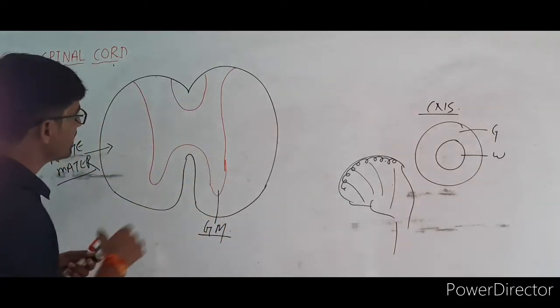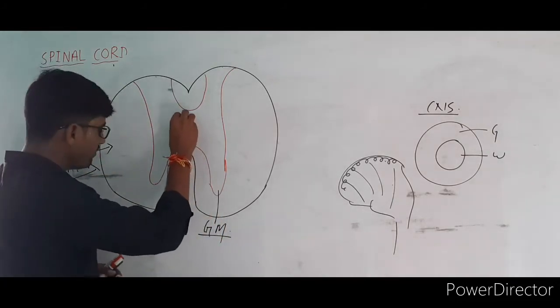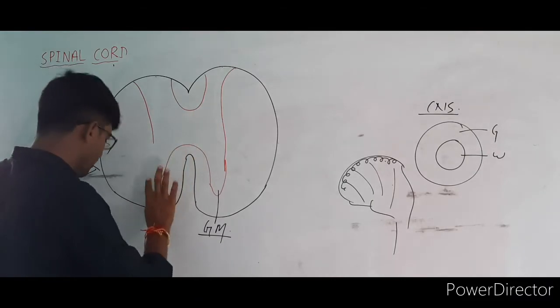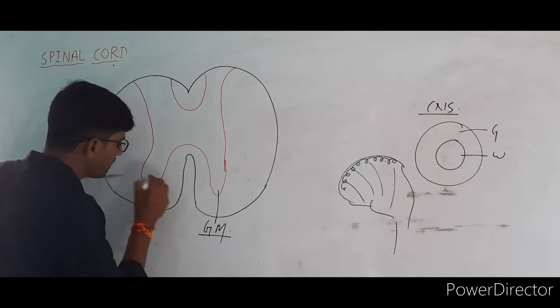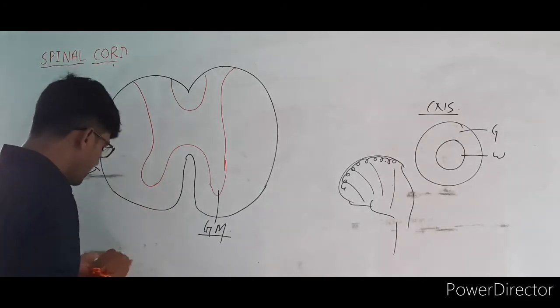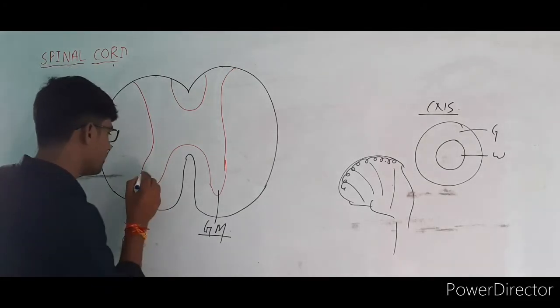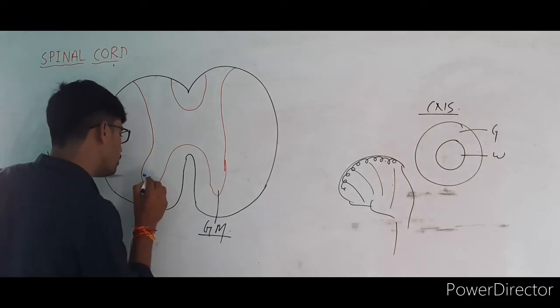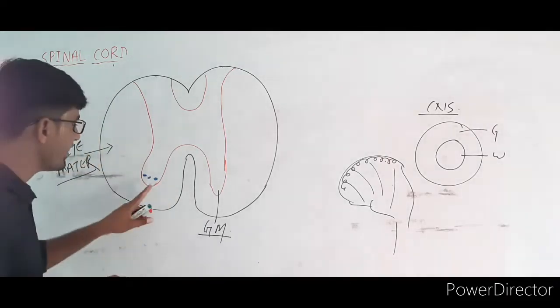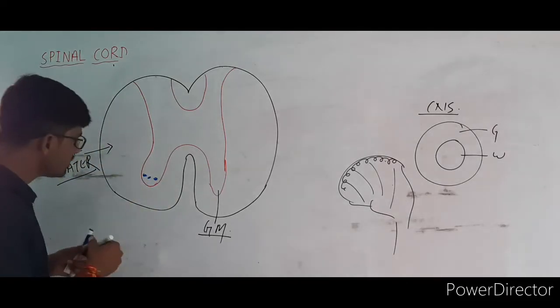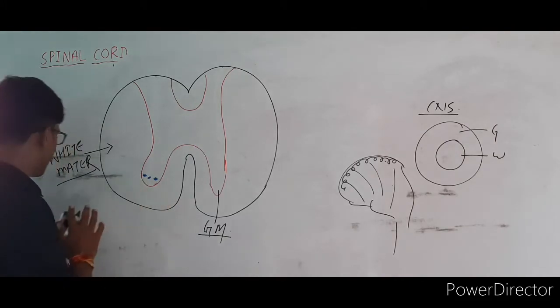Now, there are some nuclei which we have to understand. We have to know the nuclei. It's very easy. Here are the 3 nuclei: 1, 2, 3. What is the name of these nuclei? This is very simple.